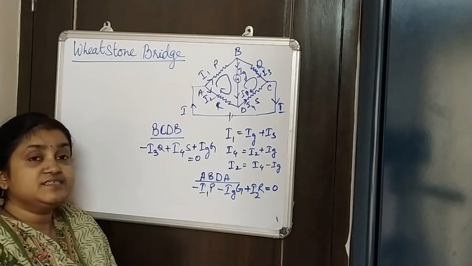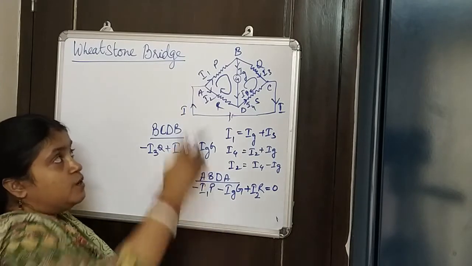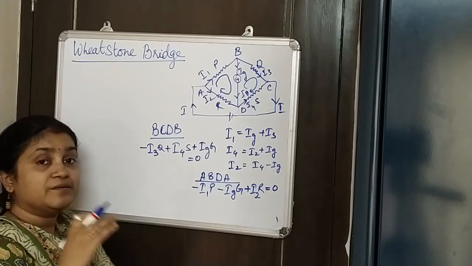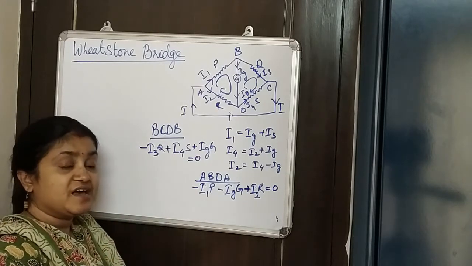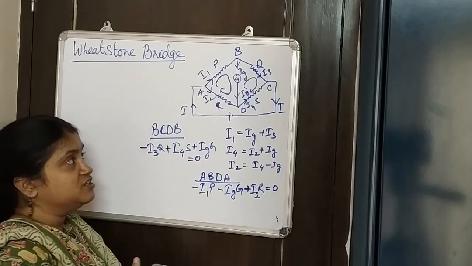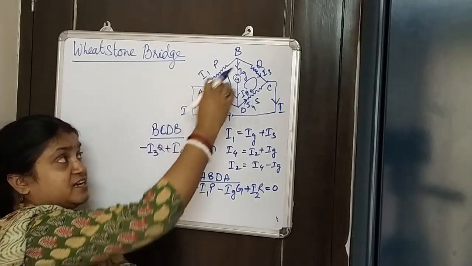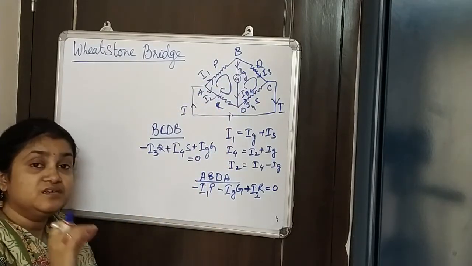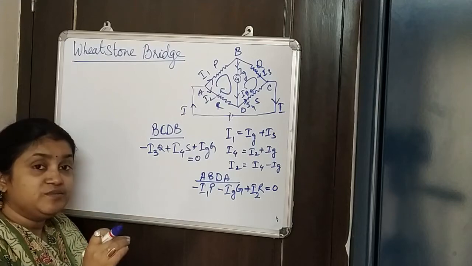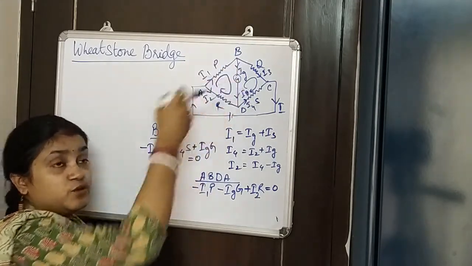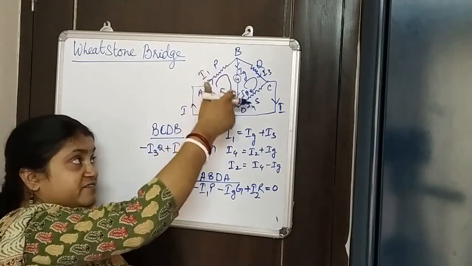Now a very interesting thing happens when all the resistances of the Wheatstone bridge are balanced. We call it a balanced condition. But how do we analyze this balanced condition? A balanced condition is analyzed by observing the galvanometer indicator. If the galvanometer shows no deflection, it means that no current is flowing through the galvanometer.